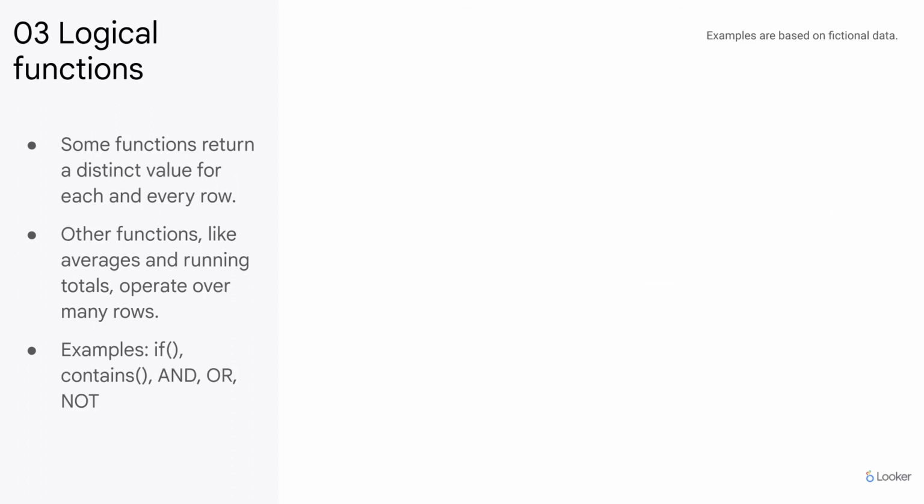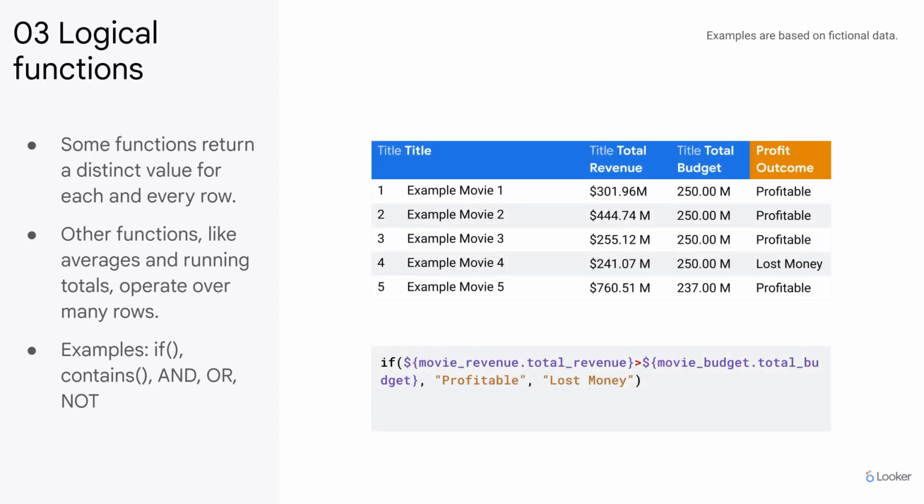With logical functions, you can check one or more conditions and execute different paths of logic depending on the value. For example, if conditions are very popular for displaying different results depending on whether a particular condition is met. In this example, there is a title dimension referring to box office films and measures for total revenue and total budget.